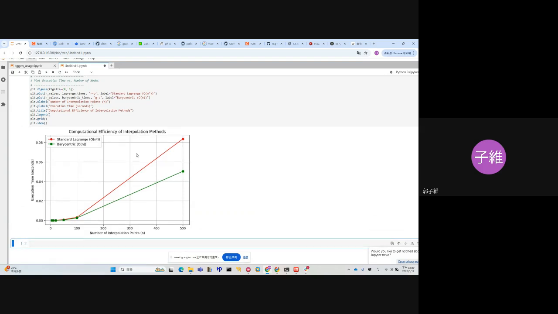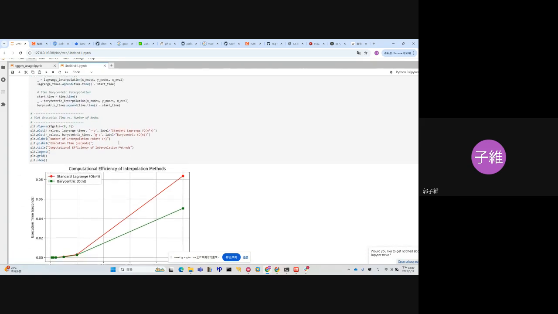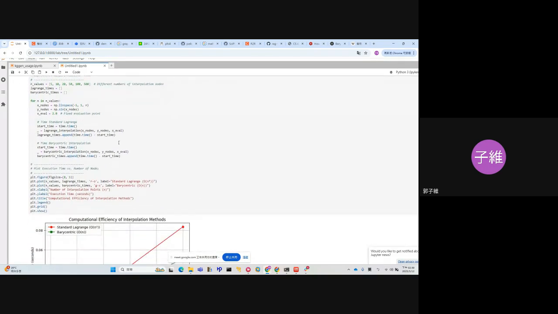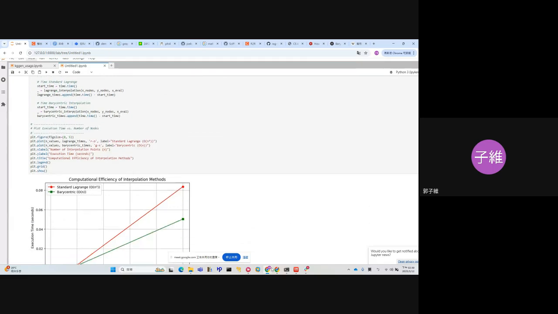And here you can see the standard Lagrange has O of n squared computational complexity, whereas barycentric only has O of n. And I think that's pretty much it. Yeah, I'll wrap it up here.